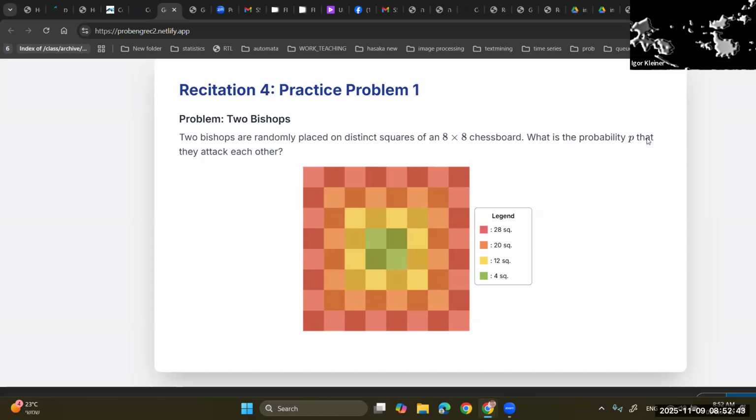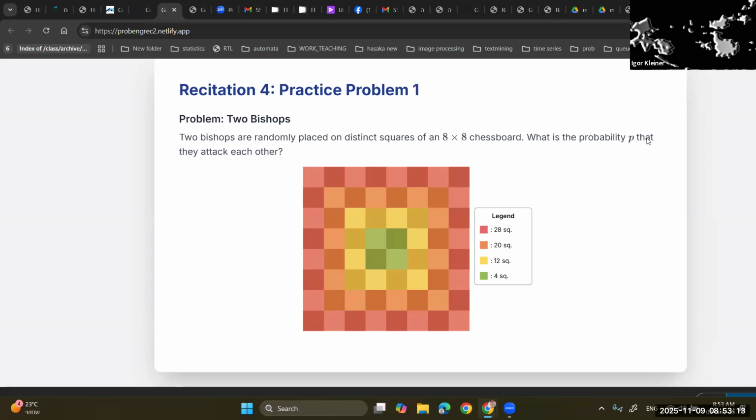But if the first one stands here and the second one stands here, they don't attack each other because they are not on the same diagonal. And you want to find the probability that they will attack each other. It's not 1, it's something between 0 and 1. We need to find this.